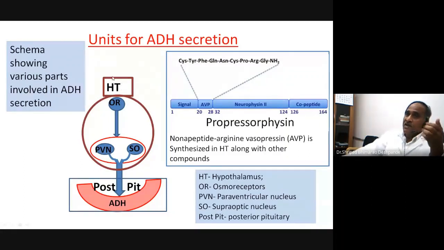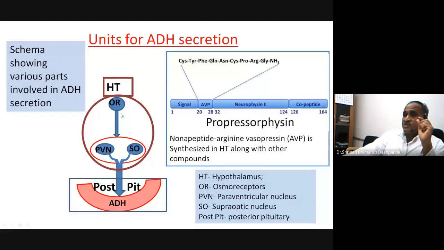This is the schema. The schema here is the hypothalamus. This entire oval structure is the hypothalamus. In this hypothalamus, we have one group of neurons known as osmoreceptors, the tiny osmoreceptors, which sense the osmotic activity. These osmoreceptors are connected with the paraventricular nucleus and supraoptic nucleus.